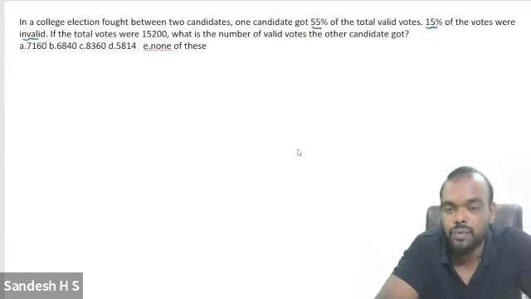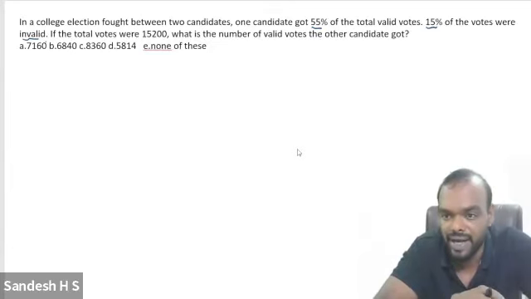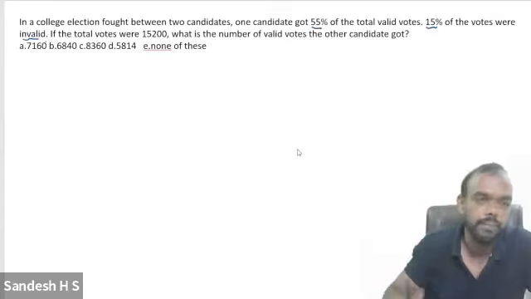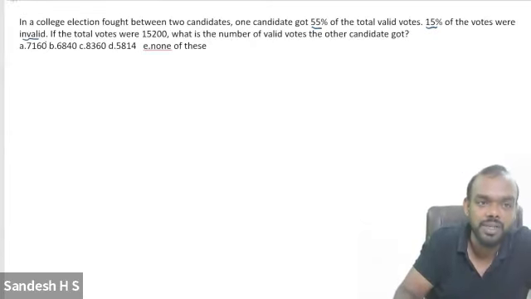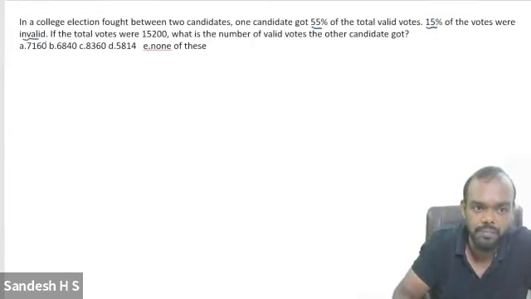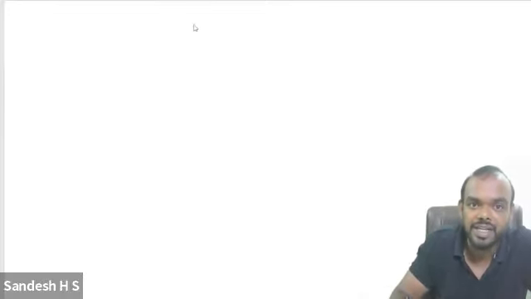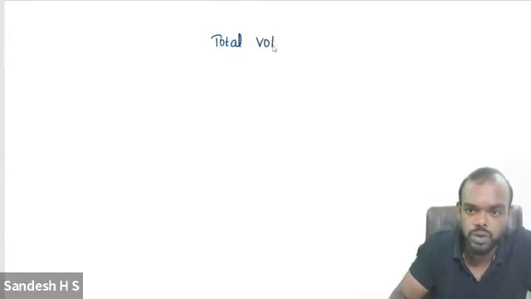Okay. 15% of votes were invalid. If the total votes were 15,200, what is the number of valid votes other candidate got? Let us understand the concept initially. Observe carefully. In an election, we will have total votes.